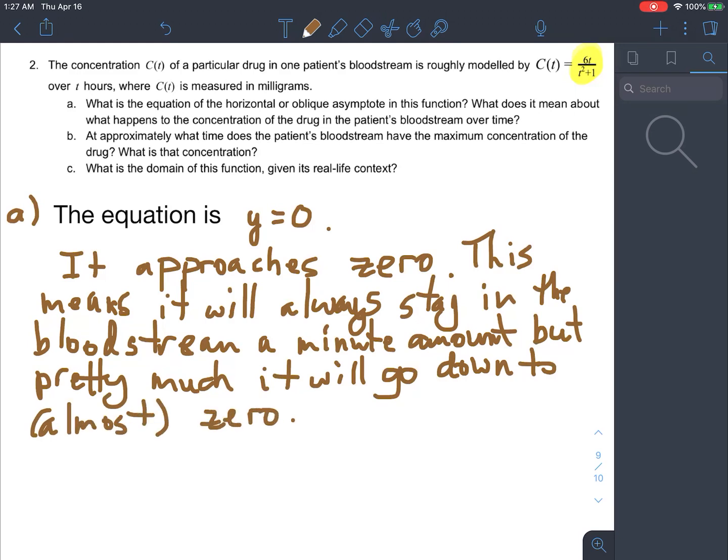Almost 0. Okay, so it'll get down so minute that it might as well be 0, if that equation actually models it. I have a feeling that in reality it probably can get to 0 at some point, but who knows? I don't know anything about medicine.